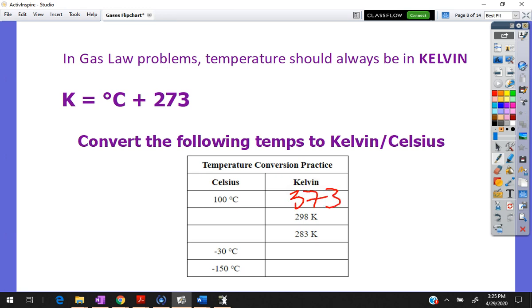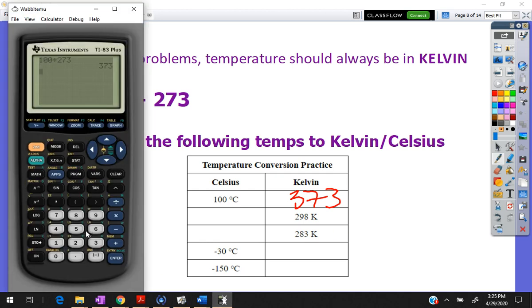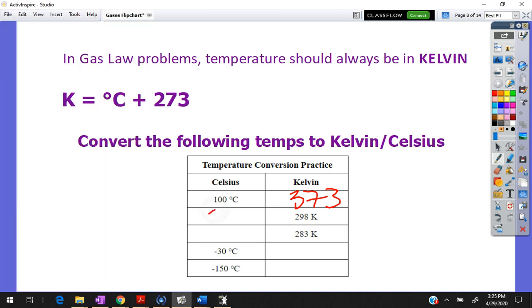If I'm going the opposite direction, 298 Kelvin minus 273 would get me my original Celsius temperature, 25 degrees Celsius. Now go through and practice converting the last three in this table.